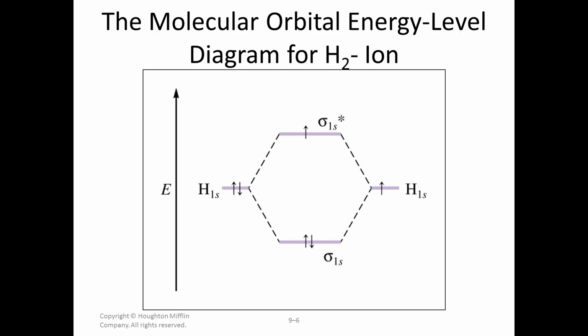Here we would have 2 minus 1, which is 1, divided by 2, which is a bond order of 1/2. Bond orders of 1 and greater are predicted to form. Less than 1 are predicted not to form.